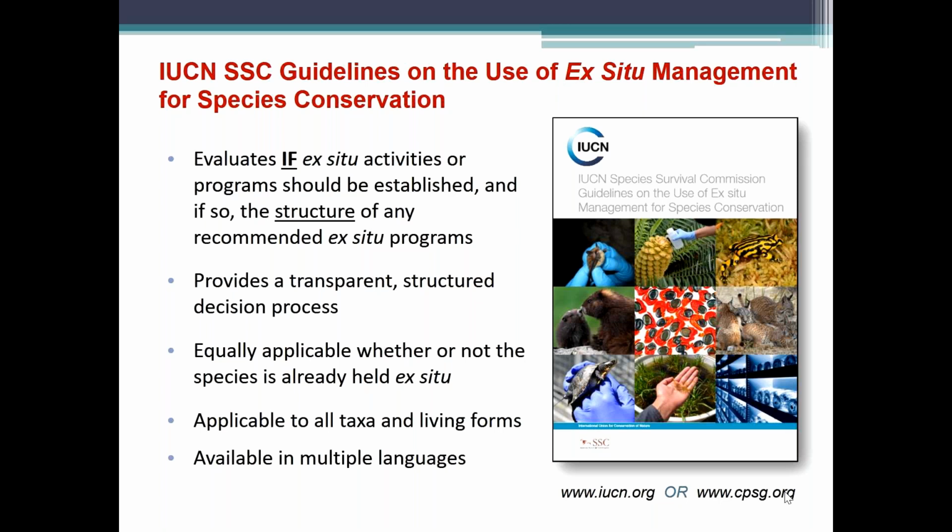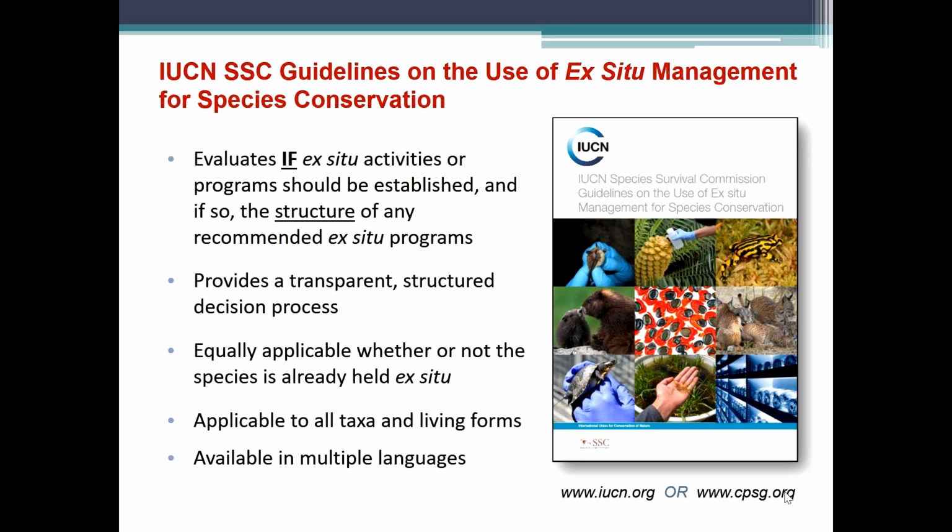The advantage to this process is it's transparent, it's a structured decision process, and even if the decision is not to involve XC2 management, you have a nice, well-documented decision process for that decision.